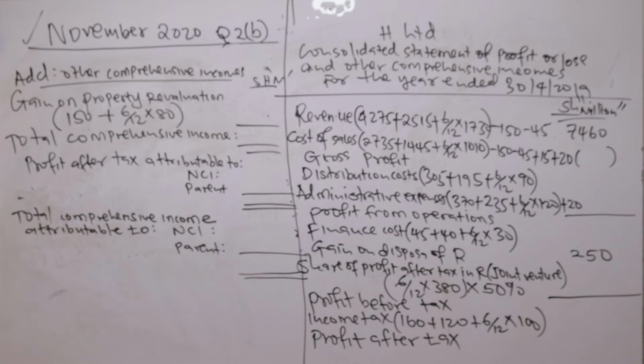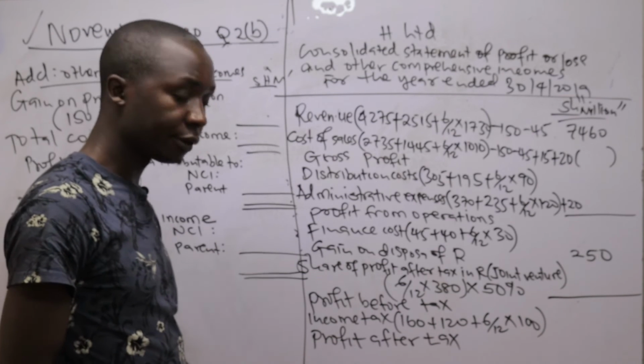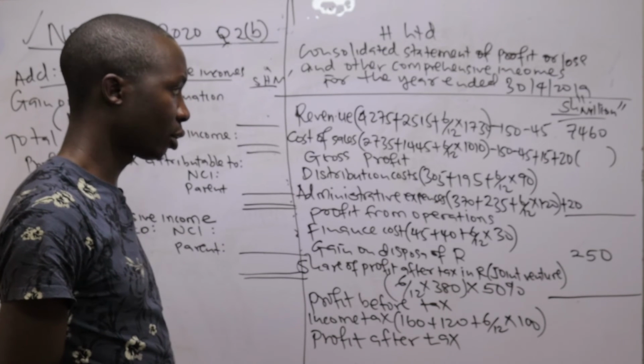So the cost of sales is 2735 plus 1445 plus 6/12 times 1010 minus 150, which is intergroup sales, minus 45 intergroup sales, plus 15, the unrealized profit on stock.